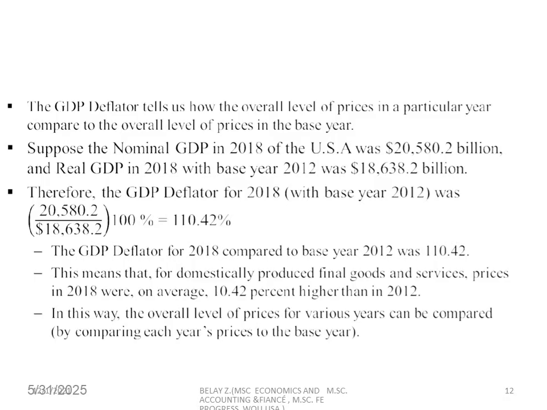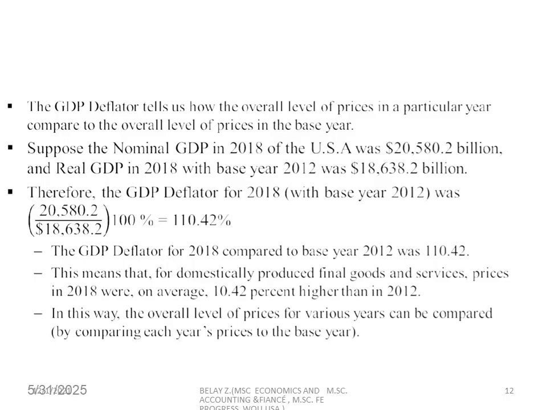The GDP deflator for 2018 compared to the base year 2012 was 110.42. That means for domestically produced final goods and services, prices in 2018 were on average 10.42% higher than in 2012, the base year, because the price increased a lot by 2018.